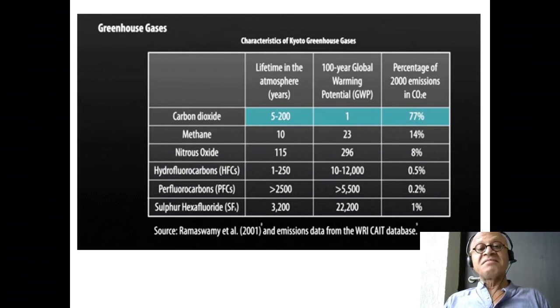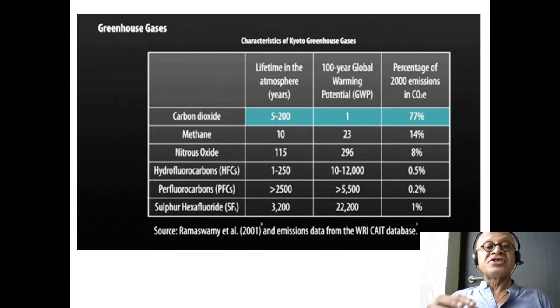Okay, that's massive. Perfluorocarbons, more than 5,500. Sulfur hexafluoride, another industrial product, can be more than 22,000 times CO2 in terms of greenhouse warming potential over a century.